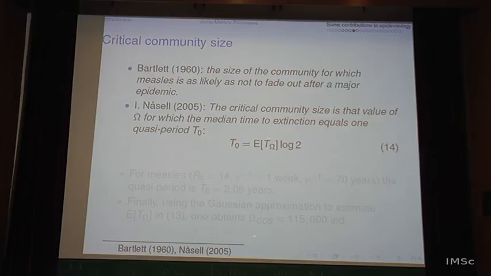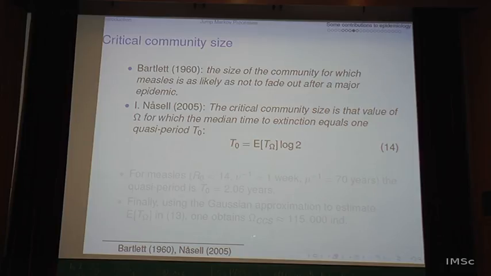And because this is exponentially distributed, the median is log 2 times the expectation. And so you want these two things to be equal.